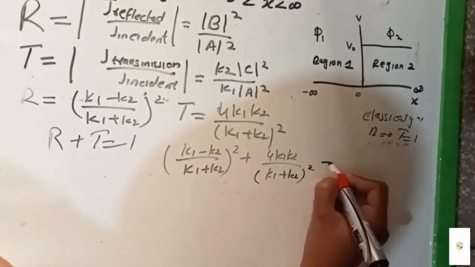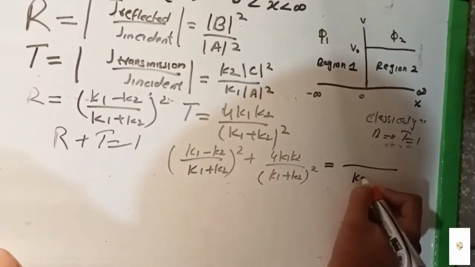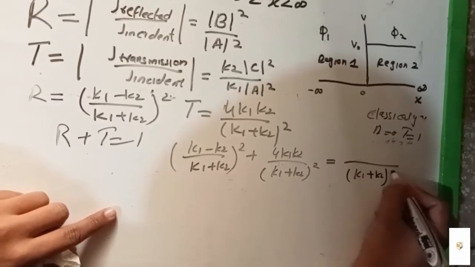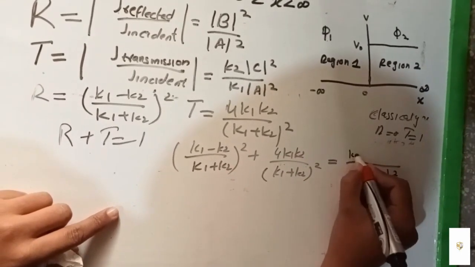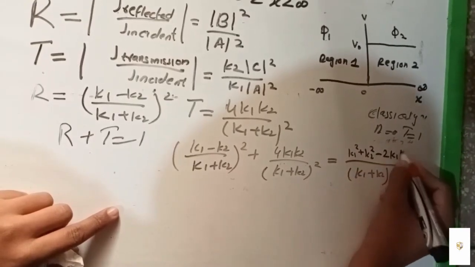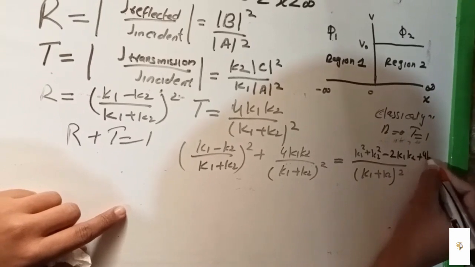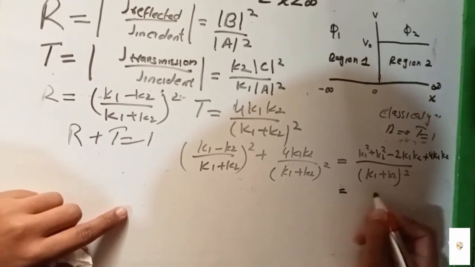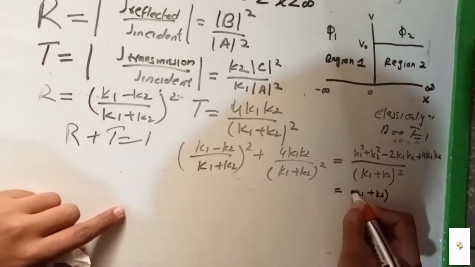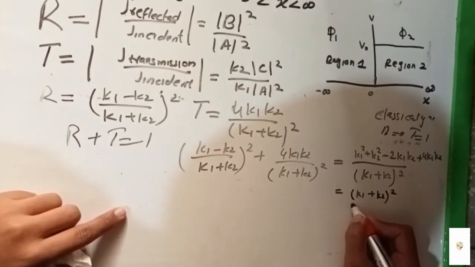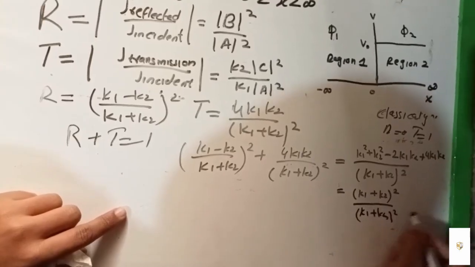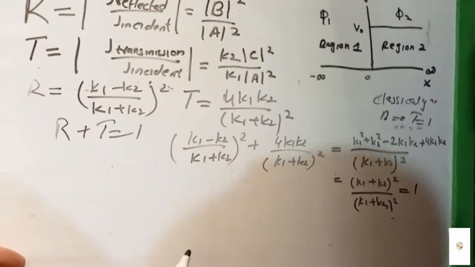This is equal to, LCM is equal to k1 plus k2 whole square, and this is equal to k1 square plus k2 square minus 2 k1 k2 plus 4 k1 k2 is equal to k1 plus k2 whole square over k1 plus k2 whole square. This is equal to 1.